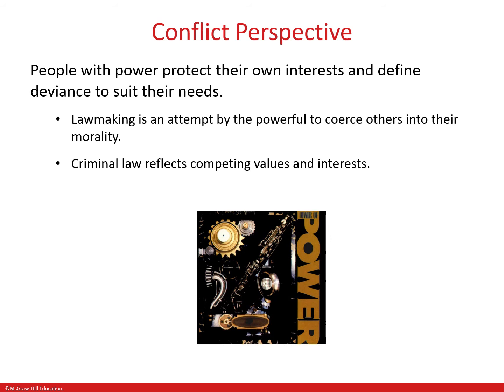Next, we have the conflict perspective. Conflict theory states that people with power protect their own interests and define deviance to suit their own needs. Richard Quinney was a sociologist who suggested that the criminal justice system serves the interests of the powerful.